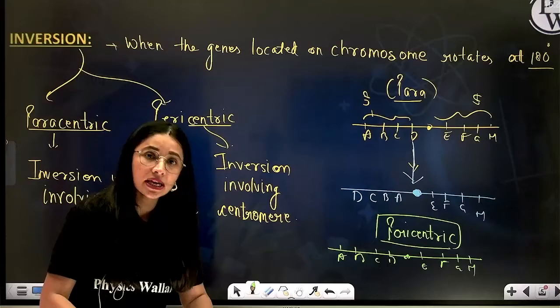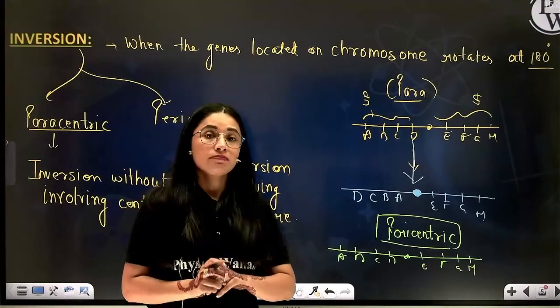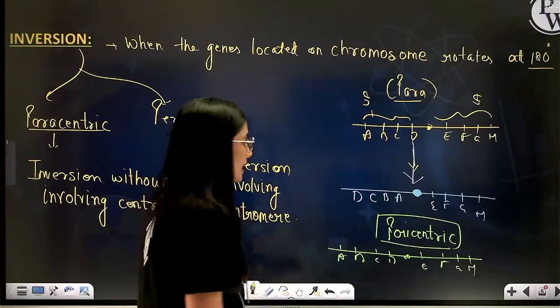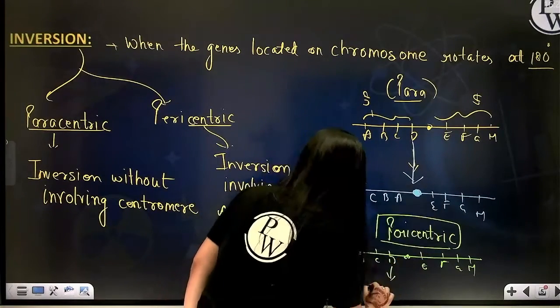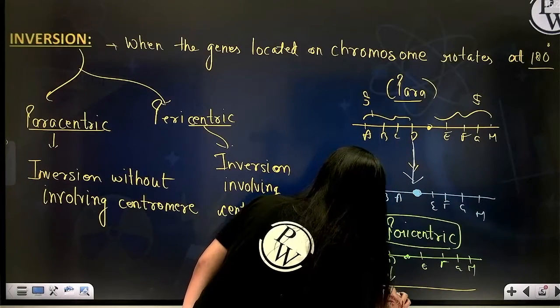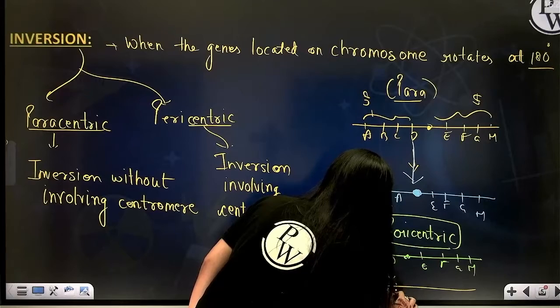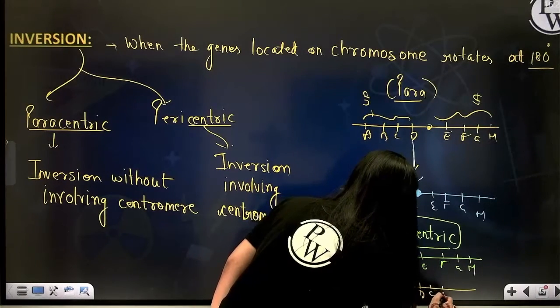Now suppose a pericentric type of inversion chromosomal mutation takes place, in that case, the arrangement will become A, B, E, F, then centromere, D, C, G, H.